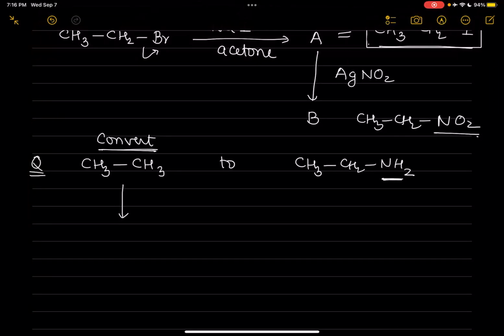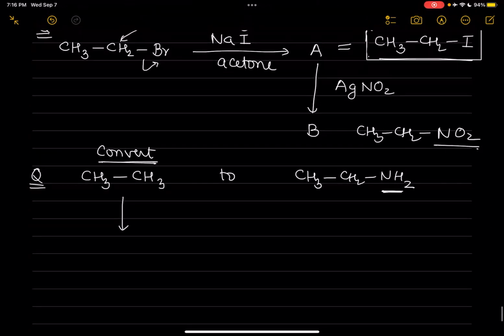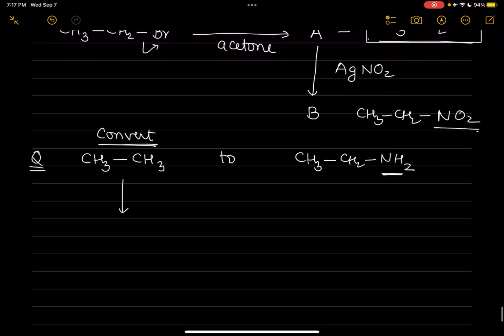You need some electronegative group which can come out, and ammonia can come in as a nucleophile. So first you need to attach some electronegative group which can come out as minus by pulling away the electron pair. Zain, are you getting it? And the alkanes do not have any electronegative group.